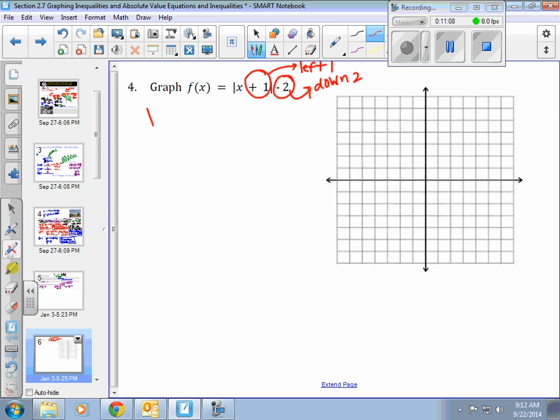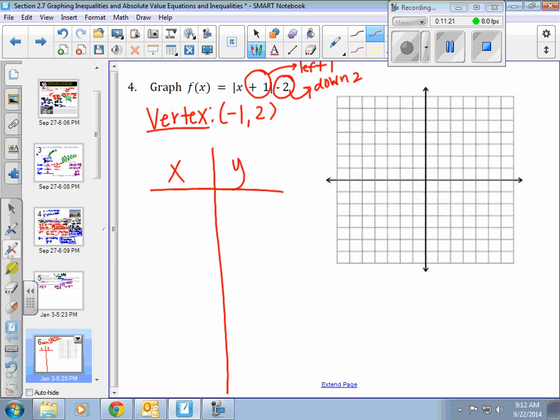So that means my vertex is negative 1, negative 2. So what I recommend before you graph is make a table and make negative 1 the middle point. So always do 3 below it and 3 above it. Then you just plug it in and get your values.